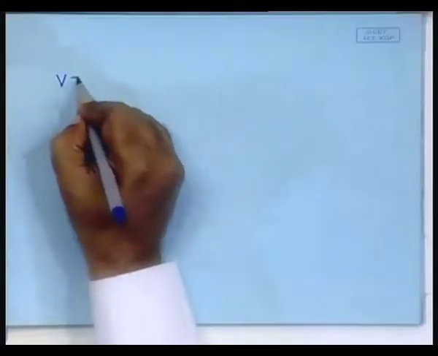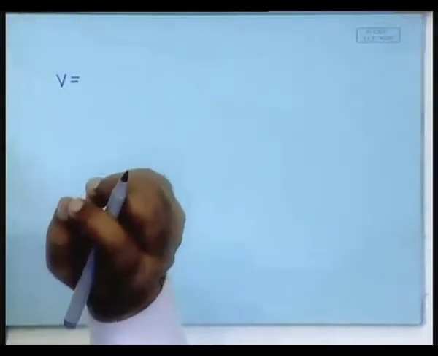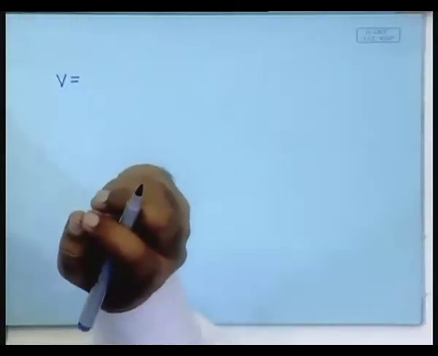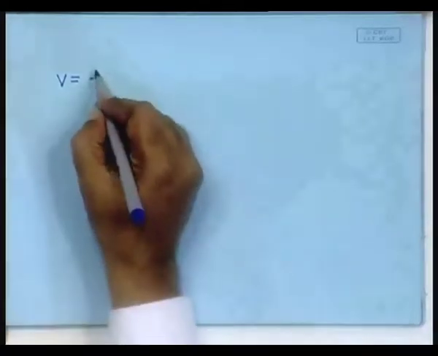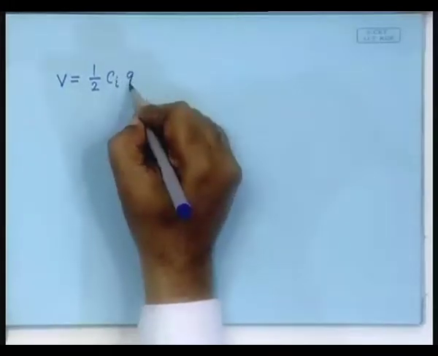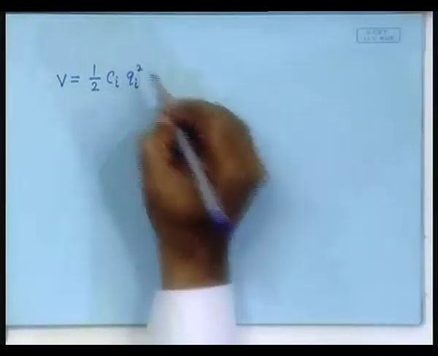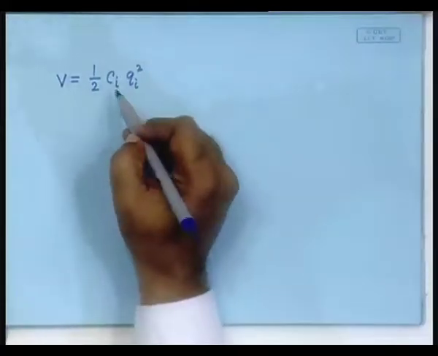So, these three will be taking the general forms. Let us first write the potential energy phi, which is first the energy stored in the capacitors. So, it will be half C_i q_i squared, and that will have to be summed over all i's.